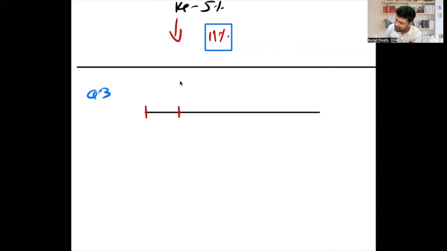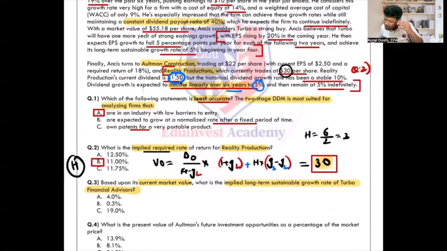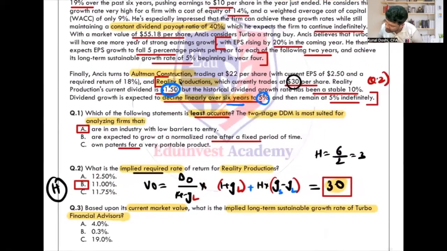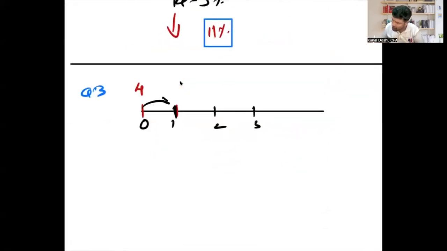The current dividend is 4 in the current year, then years 1, 2, 3. In the next year, it is expected to grow at what percentage? We discussed it is expected to grow at 20% in the coming year and then fall 5 percentage points per year for the next 2 years. So 4 into 1.2, store 1.